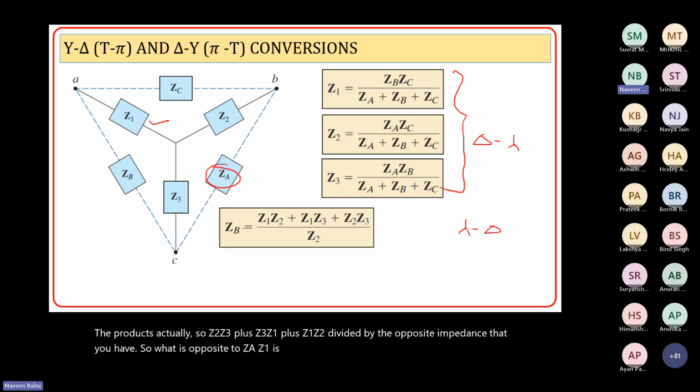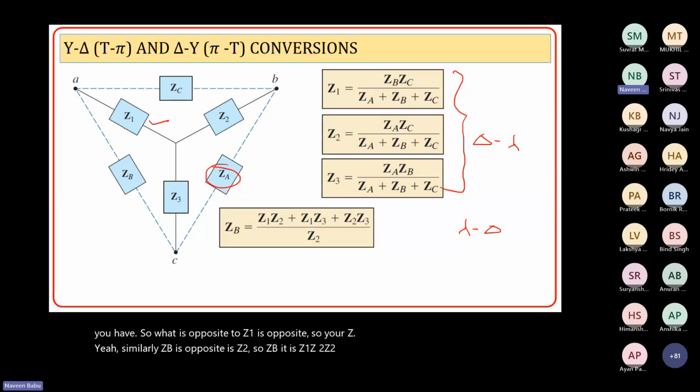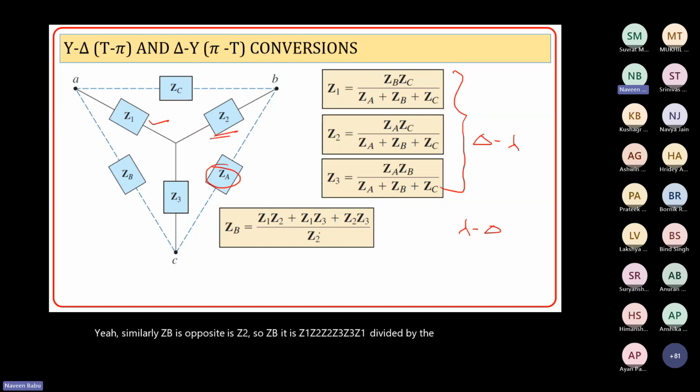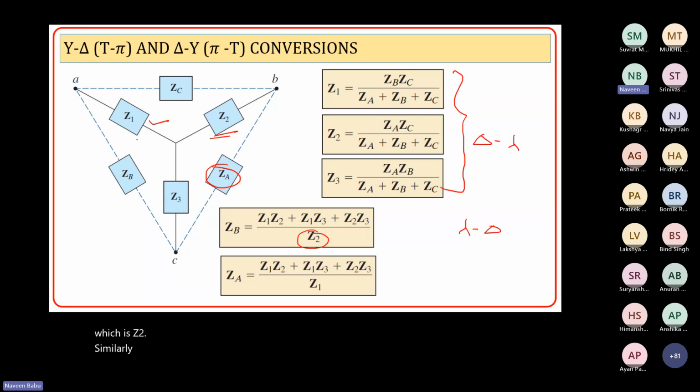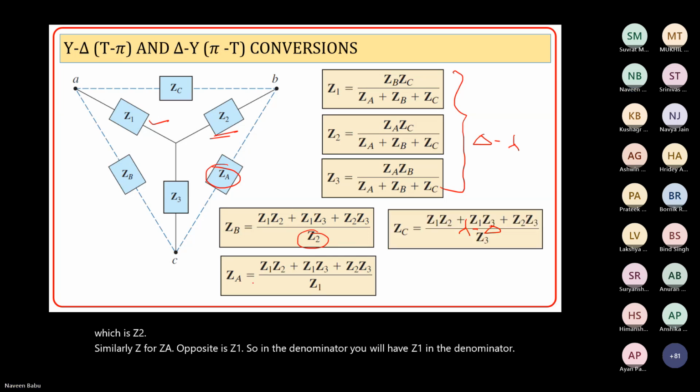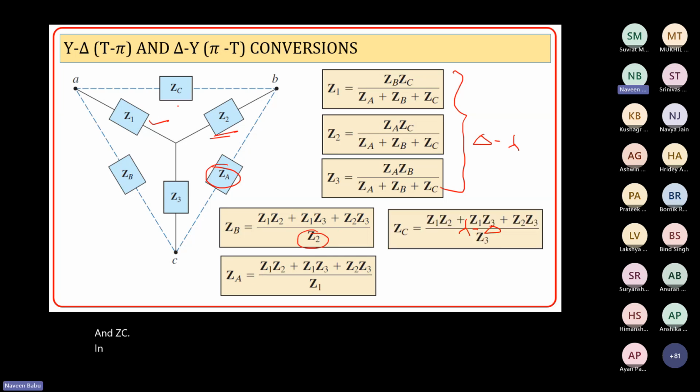Similarly, ZB is Z1 Z2 plus Z2 Z3 plus Z3 Z1 divided by the opposite impedance, which is Z2. For ZA the opposite is Z1, so in the denominator you will have Z1. And ZC's opposite is Z3, so in the denominator you will have Z3.